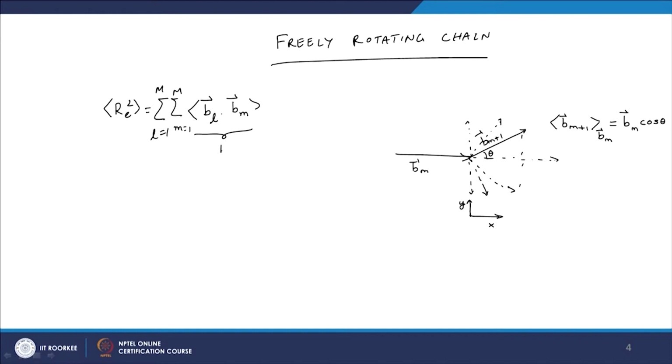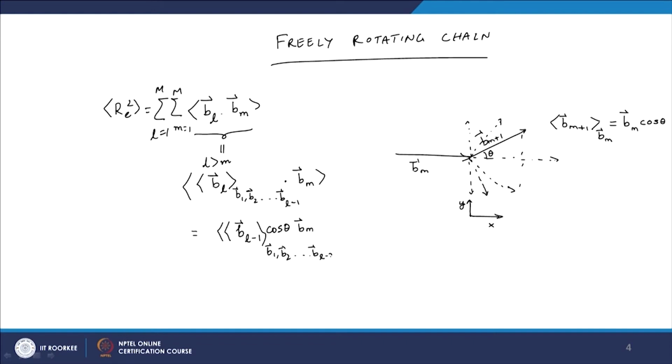For L higher than m, I can write this as the average of B_L, where I fix B_1, B_2 to B_{L-1}, dotted with B_m, and this is equal to B_{L-1} cos theta B_m, where this again has to be averaged for B_1, B_2 to B_{L-2}.